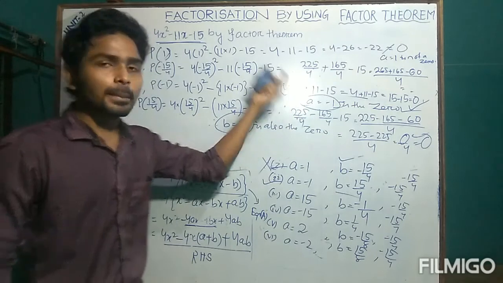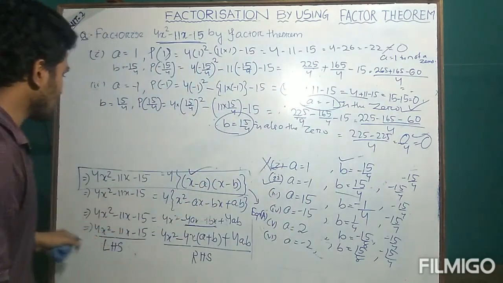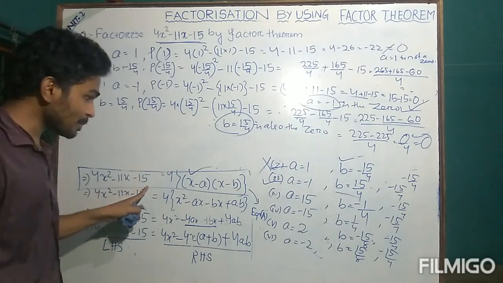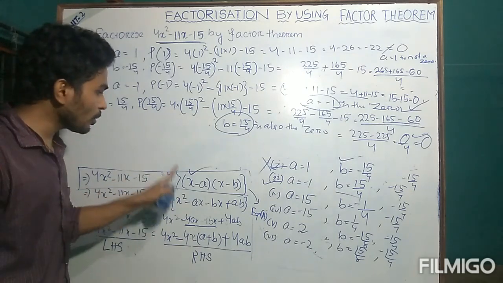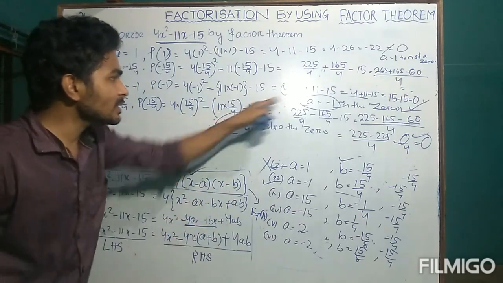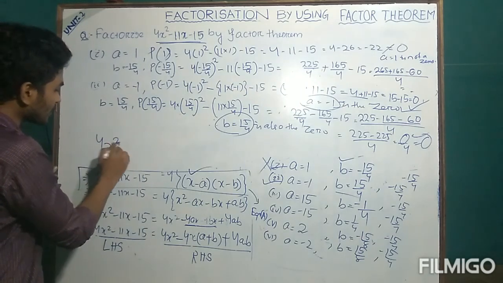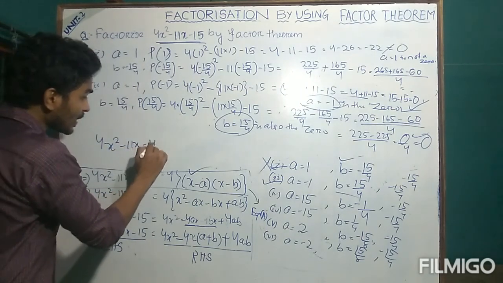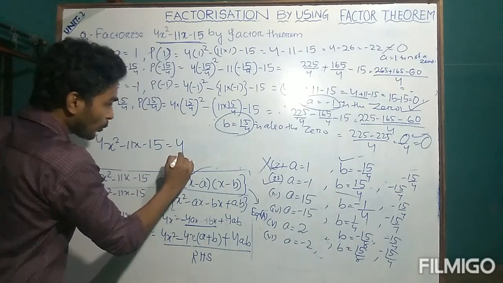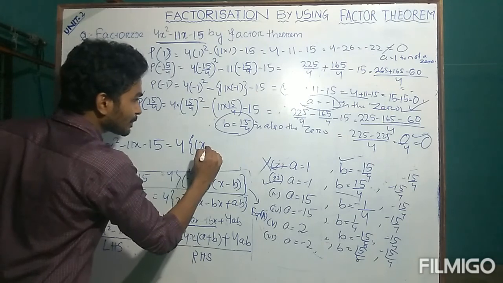Now let us put them in the original equation. This is the original equation. What is the equation? 4x square minus 11x minus 15 is equal to 4 whole into x minus a into x minus b. So in the place of a and b, we have to put these two values. Hence our equation will be 4x square minus 11x minus 15 is equal to 4, okay, whole into x minus a.